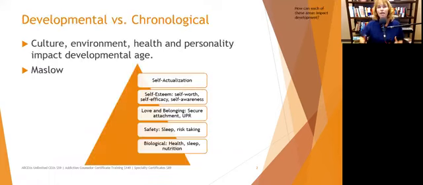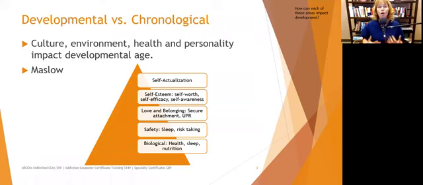One thing I want everybody to recognize is the fact that developmental age and chronological age may not be the same. And if you have a preemie, you are very, very familiar with this. My son was born 3 months early, so there was a huge lag initially in that difference between developmental and chronological age, because when he was actually 3 months old, he was just getting out of the hospital.